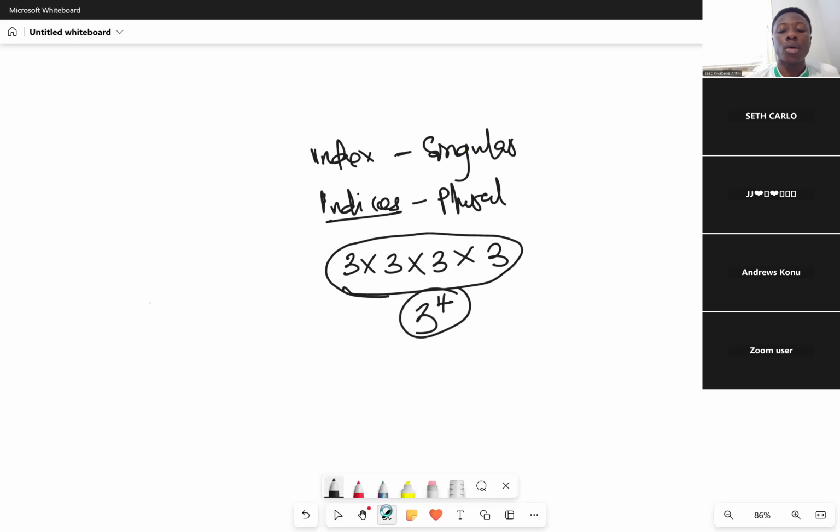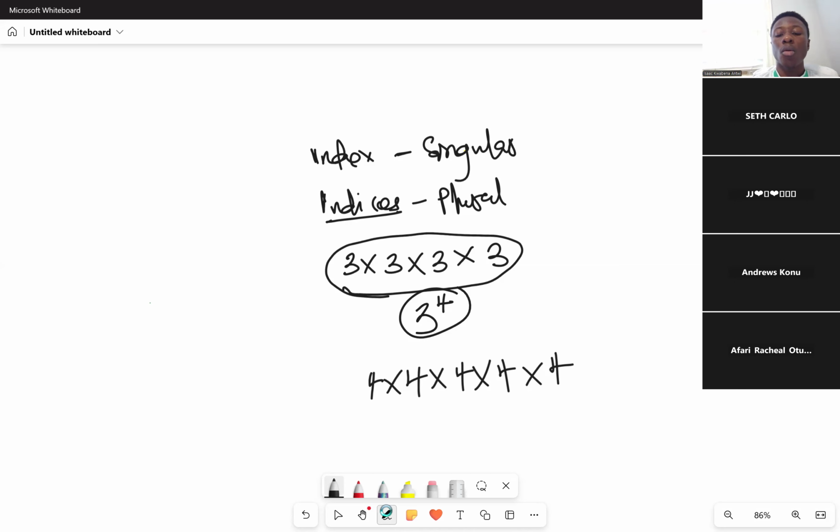Another example. So you can have 4 times 4 times 4 times 4 times 4. So you can see one number multiplied against itself many times. Now, how do we write or put this in a simple or compact form?